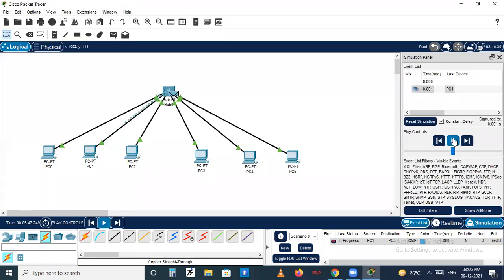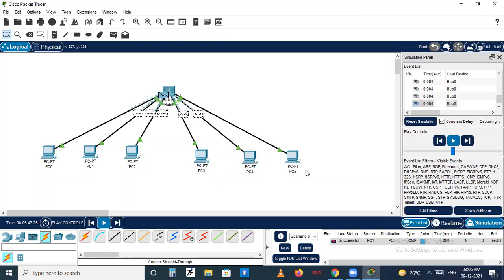Yes, it is going to the hub, and the hub receives this and sends it to all the systems, whether they are the intended receiver or not. They are discarding it, and only the intended one has received it. Now again, this is the response. Only the intended one will receive it and all others discard it. Getting?